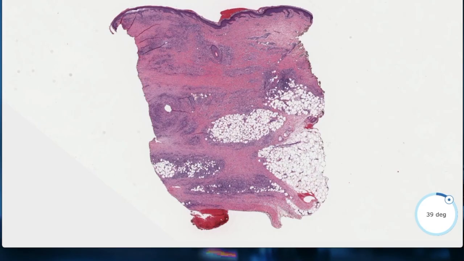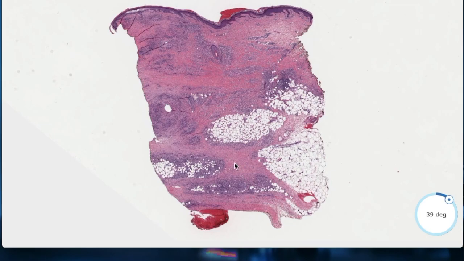So we move on to another example. This is a punch biopsy, and as you see, the epidermis appears okay, not involved. However, the entire dermis is involved with an infiltrate of inflammatory cells that even reaches out to the subcutaneous area with the fat.